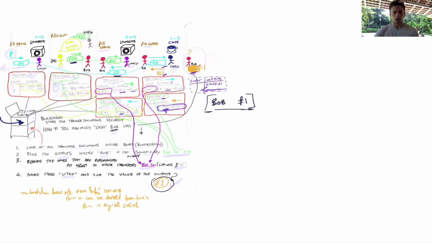So in our analogy, it was just a stack of boxes. A better analogy would be a duplicated stack of boxes held by different people and maintained, but still a stack of boxes containing paper documents that list every transaction, every transfer of physical notes and coins between people in the economy, right? And we used inputs and outputs to track that.